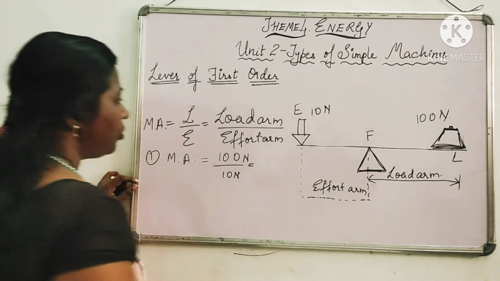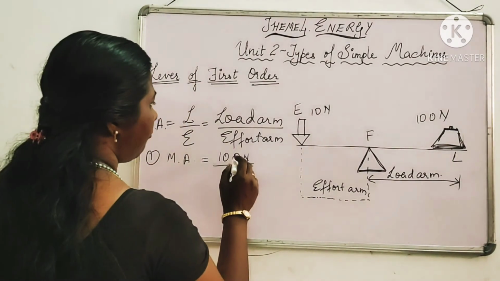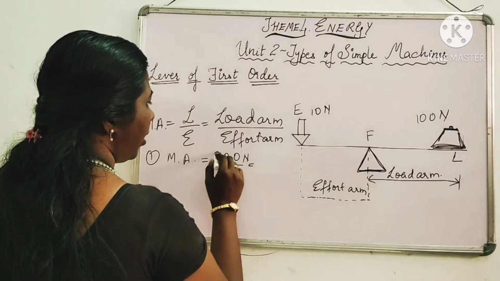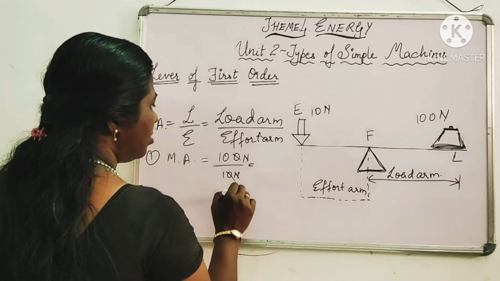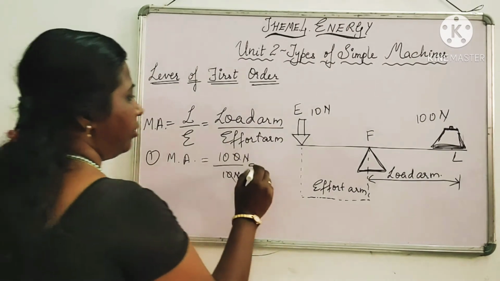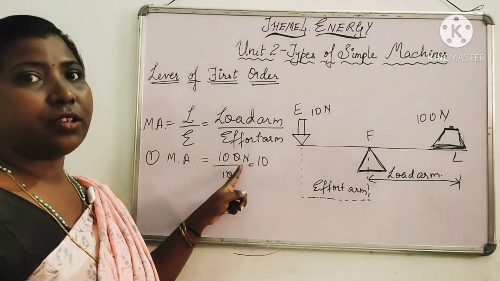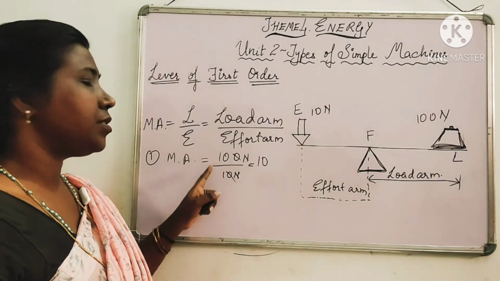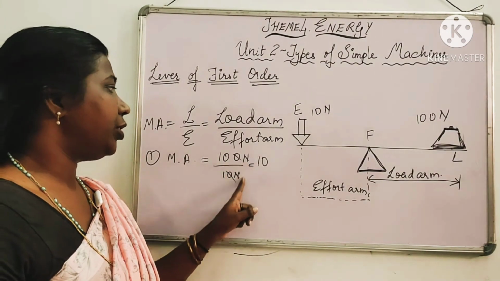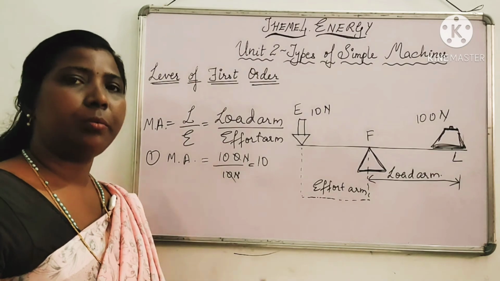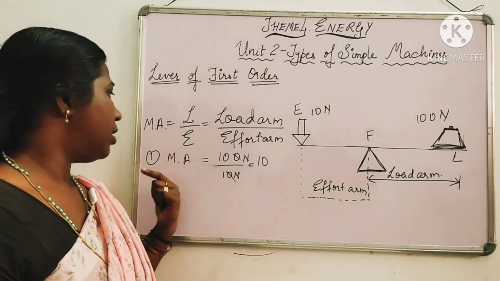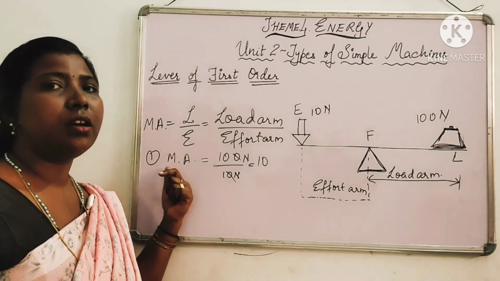By cancelling, you will get 10. Why 10? That's why it is unitless, because it is written as a ratio and the Newton will be cancelled. So that's why mechanical advantage is unitless.